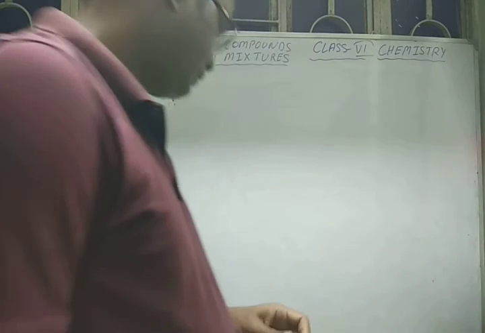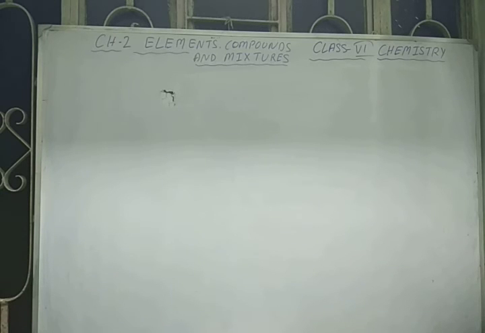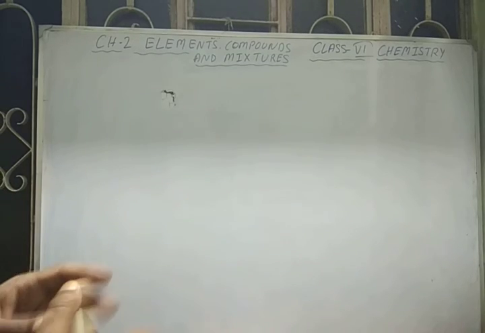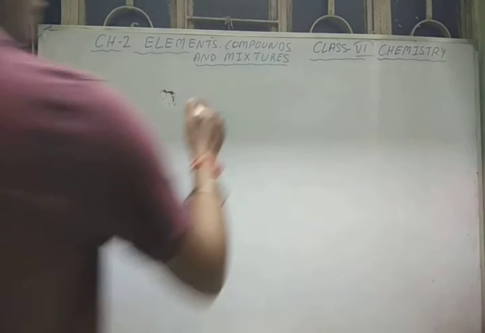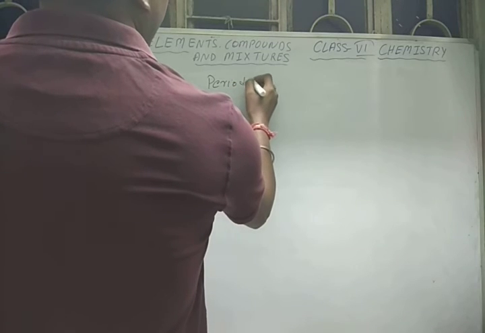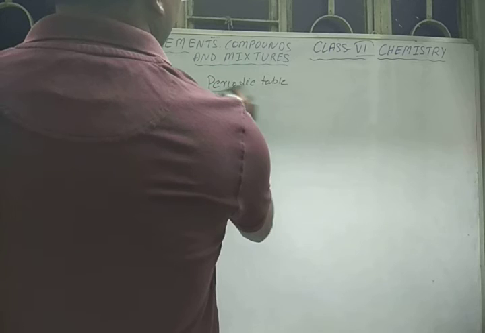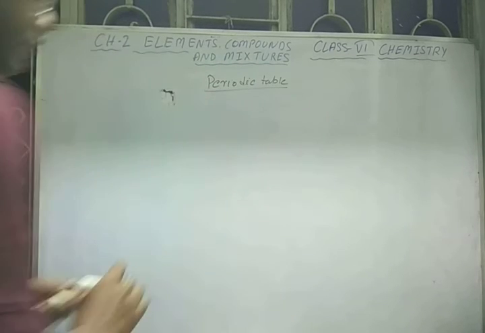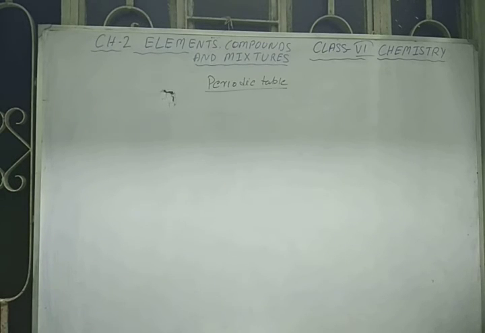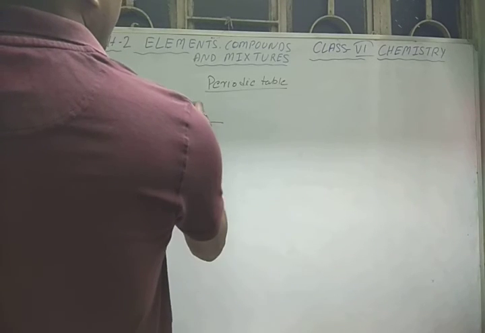For that, scientists have decided to arrange these elements in a table that is called the periodic table. Okay, what is this periodic table? The periodic table is nothing but a tabulation form of chart.